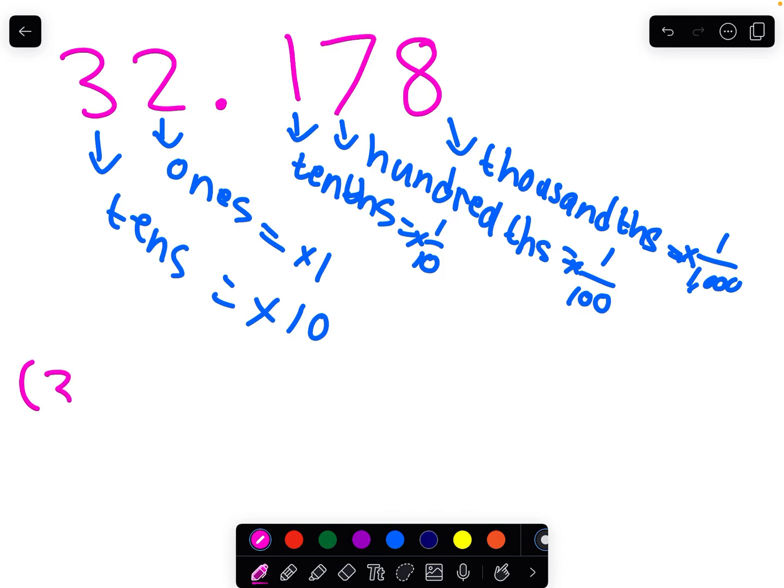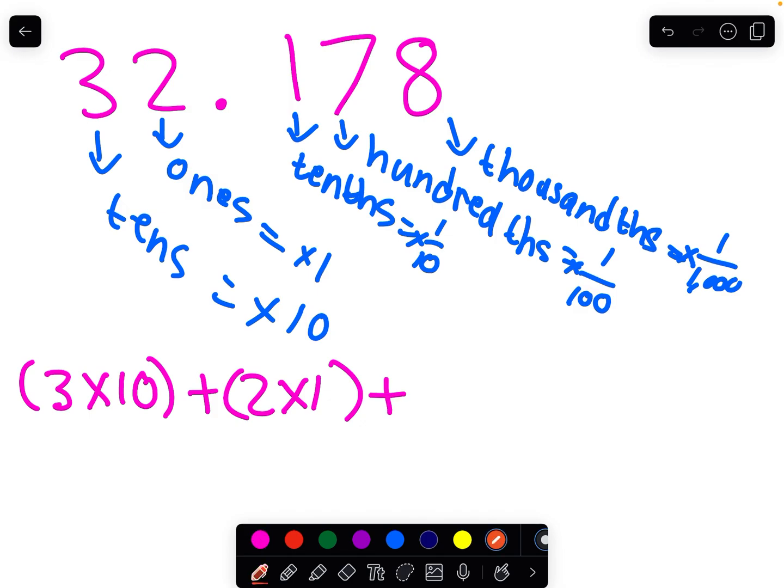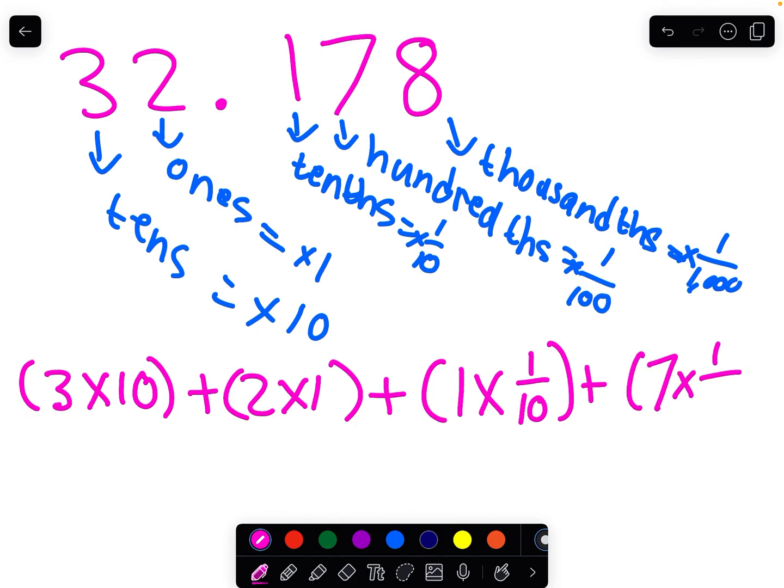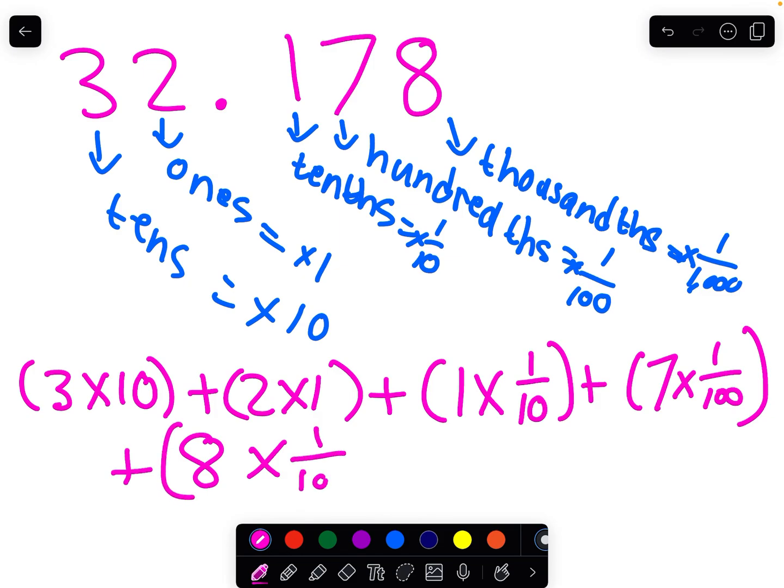Well, we've got 3 groups of 10 plus 2 groups of 1, plus, moving to our decimal portion, well, I'm going to start with the tenth section, so that's going to be 1 times 1/10 plus 7 times 1/100th, plus, I got to go to the next line here because I'm running out of room, 8 times 1/1000th. There you have it.